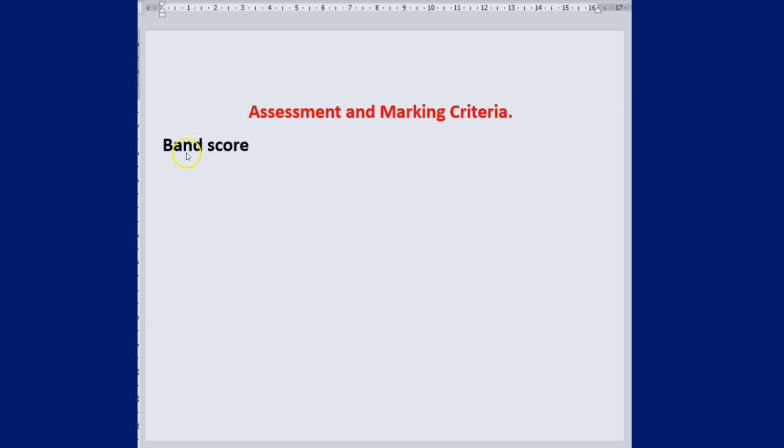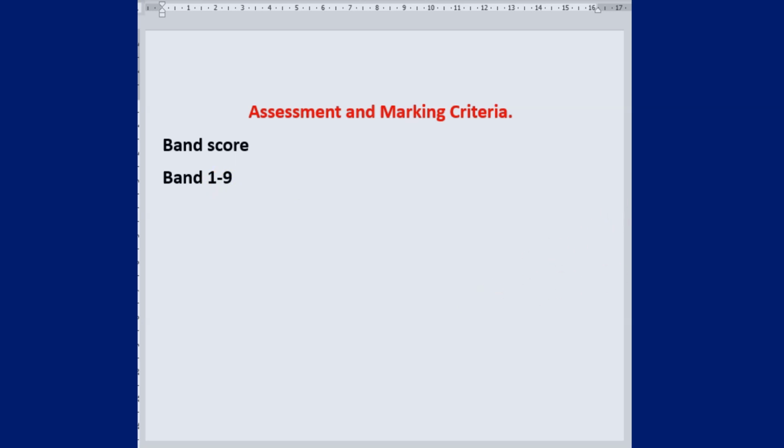The band scores start from the lowest band, which is band 1, to the highest band, which is band 9. So you have a band score of 1 to 9. And as stated, band 1 is the lowest band score, while band 9 is the highest band score.